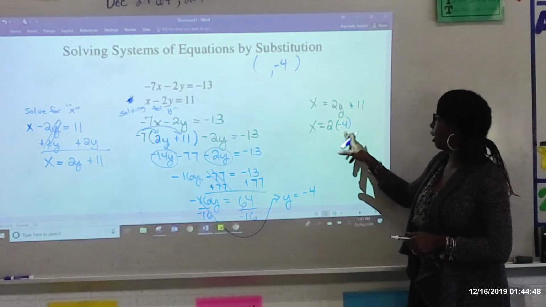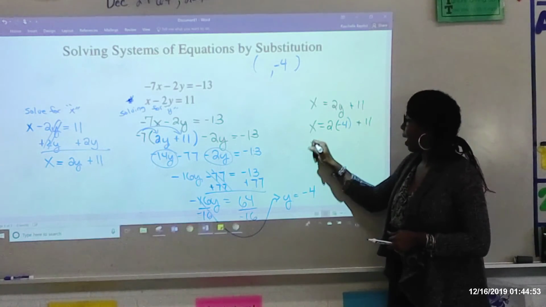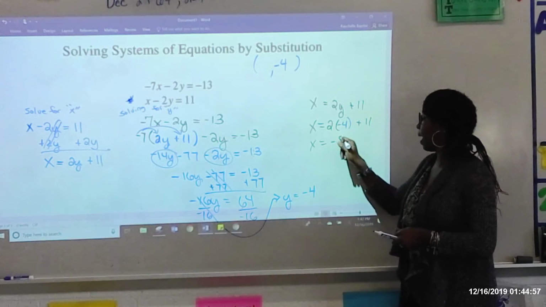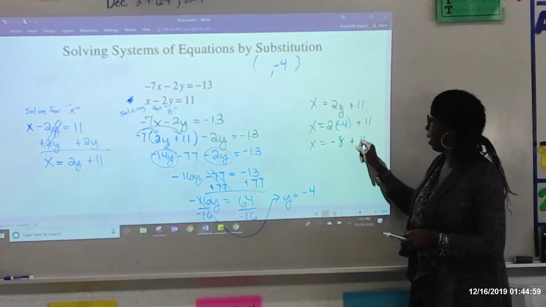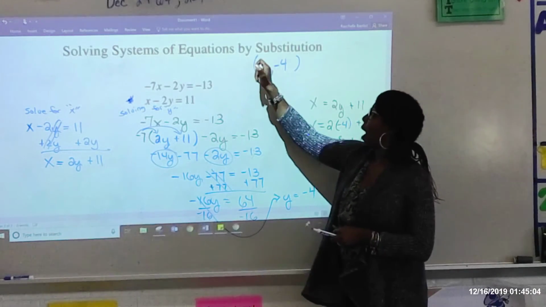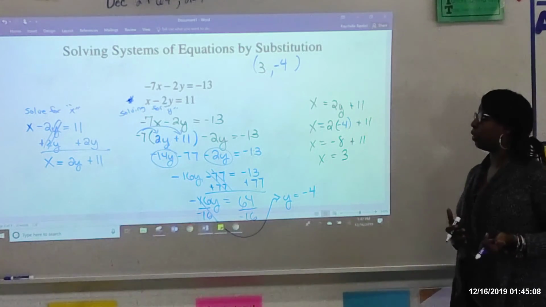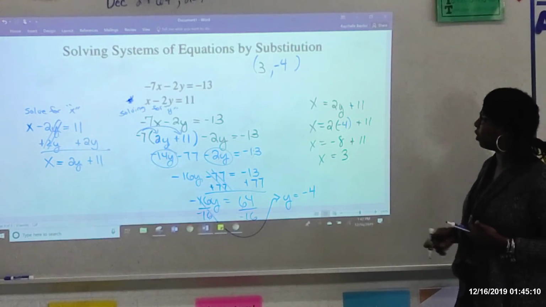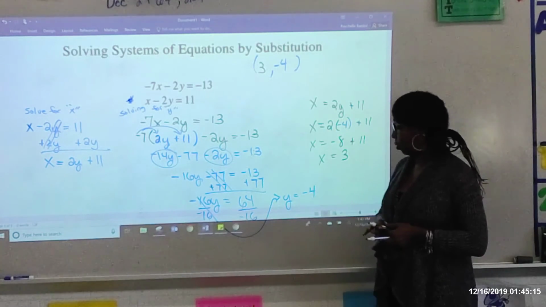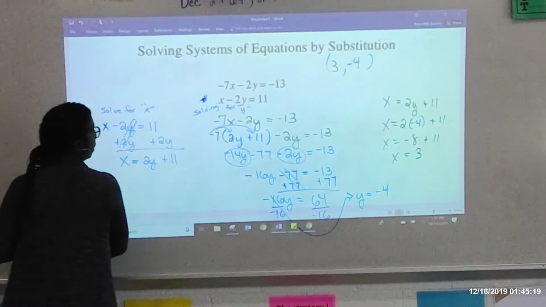So 2 times negative 4 plus 11. 2 times negative 4 is negative 8. Negative 8 plus 11 gives me x is equal to positive 3. So I am now saying my ordered pair, or my solution to this system of equations, is (3, negative 4). That's my solution. But you know, all great mathematicians check their work.